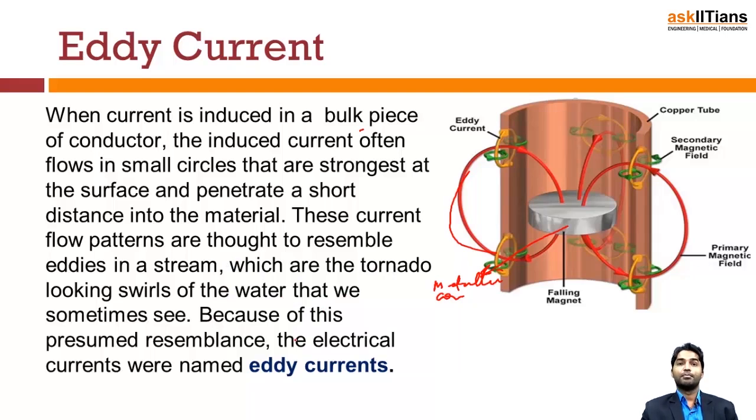Because of this assumed resemblance, the electric currents were named eddy currents. In Hindi we call it bhavar. It is the current across the metallic part due to the secondary magnetic field produced, and this is very harmful.